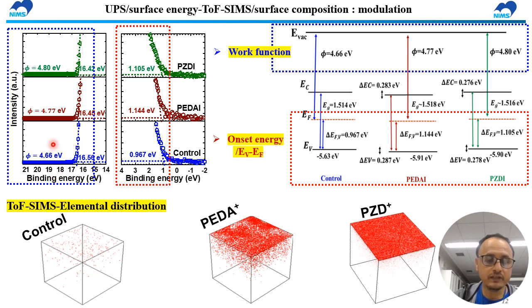We found that the work function is increased with the surface treated film, and the onset energy is also increased. This is the schematic of the work function and onset energy. And then we found that this surface treatment modified the surface energy.